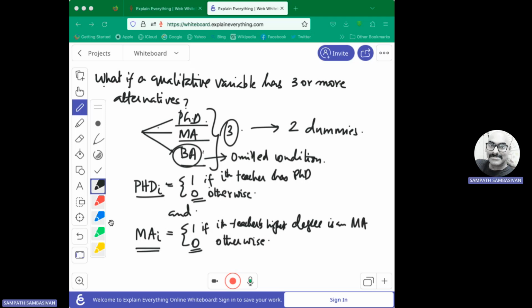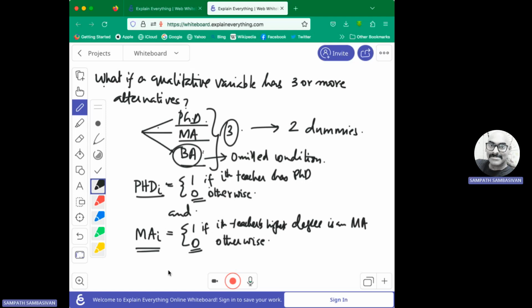So this way you can measure the impact of each degree independently without having to link the impacts of having a MA or PhD degree. So this is a way in which this kind of qualitative information can be incorporated into this regression model, right?